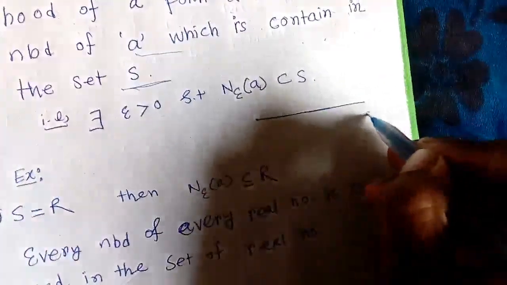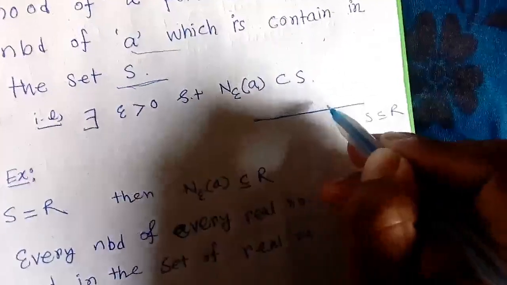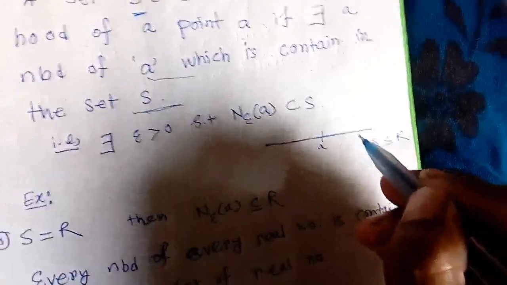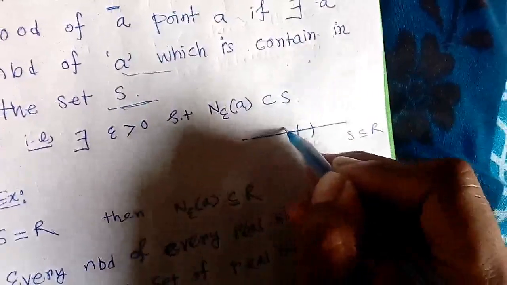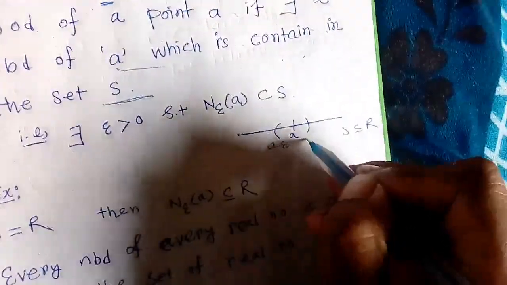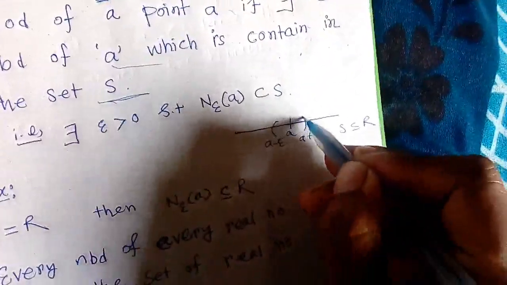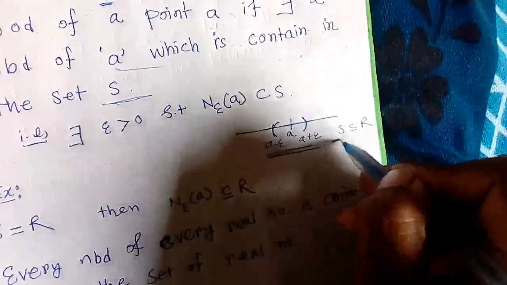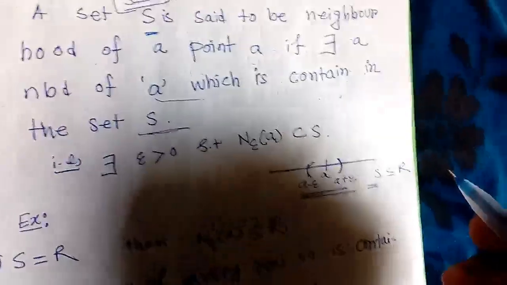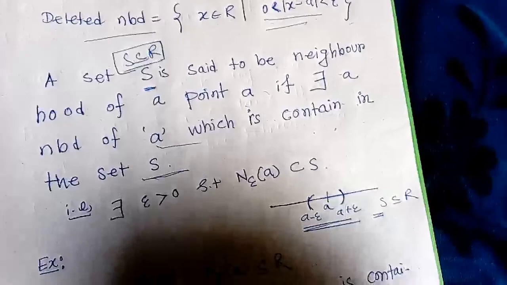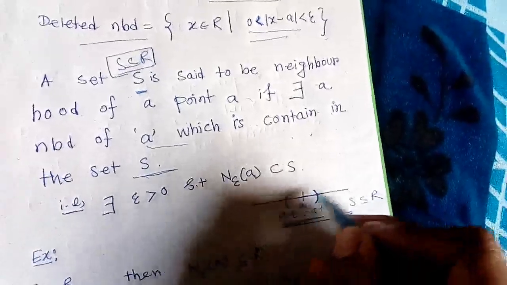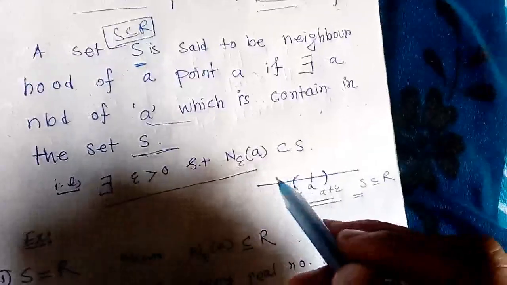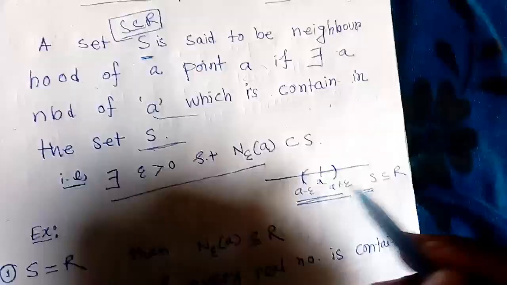Suppose A is a point of S. If we consider the epsilon neighborhood, that is A minus epsilon and A plus epsilon, and this epsilon neighborhood is a subset of S, then we call S a neighborhood of A. So there exists epsilon greater than 0 such that N epsilon of A is a subset of S.